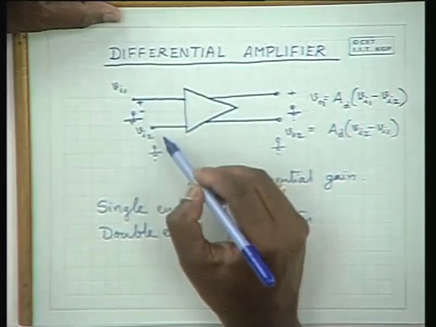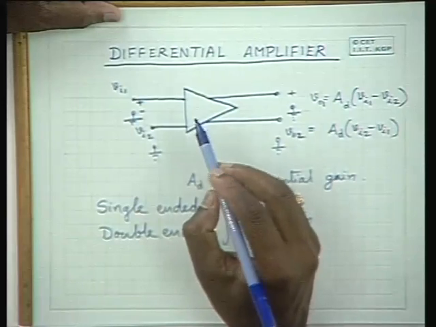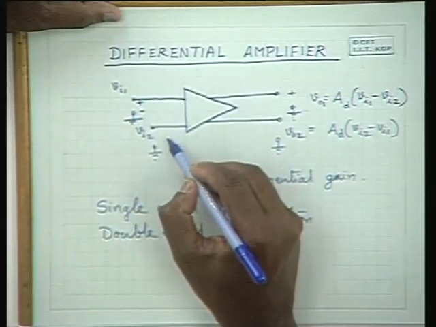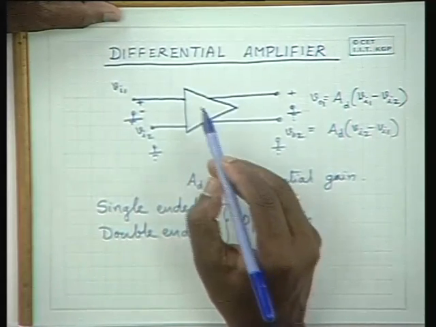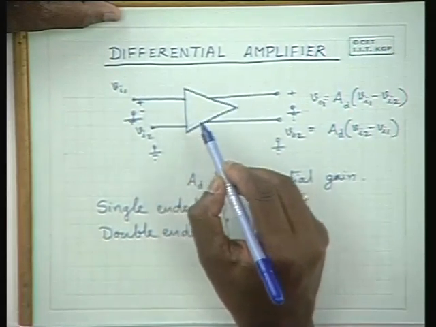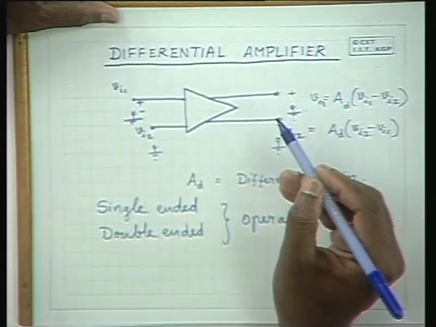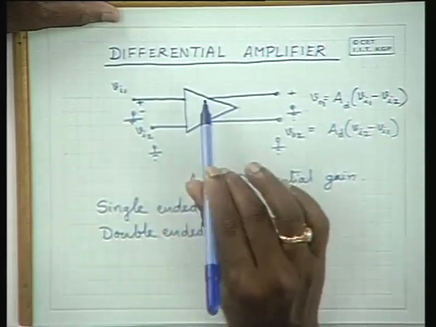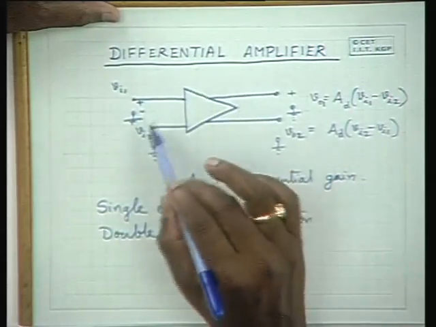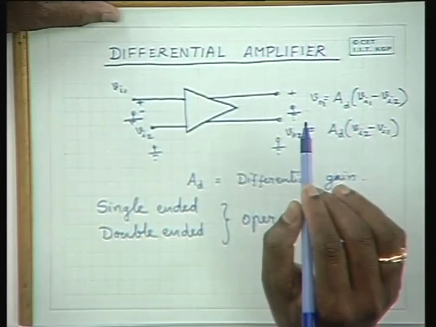The common mode signal is defined as the average of both the inputs. If this is 1 volt and this is 1 volt, the common mode signal is 1 volt, and if this is 10 and this is 10, the common mode signal is 10 volts. So, naturally, we want a differential amplifier to reject the common mode signal completely and only amplify the difference signal.